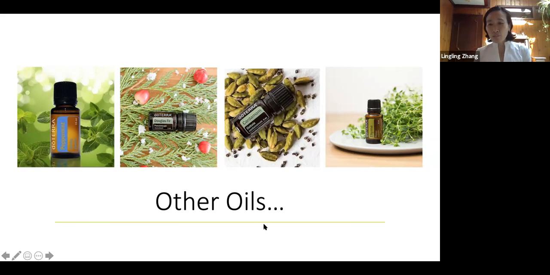And another oil is thyme. Thyme oil. Thyme is also an herb that we cook with. So it definitely helps with your digestion, but it also helps with your respiratory. So you can see your digestive system and your respiratory system are next to each other. They're closely related.